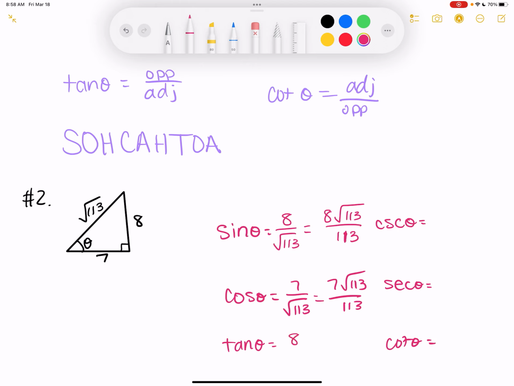Flip it all upside down. The square root of 113 over 8. You have the square root of 113 over 7. And you have 7 over 8. Excellent. Is that the answer? Yes, that's it.